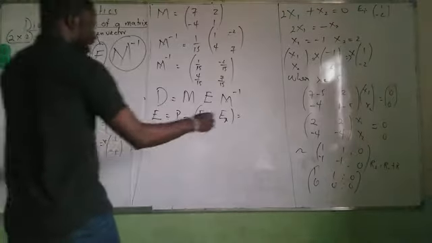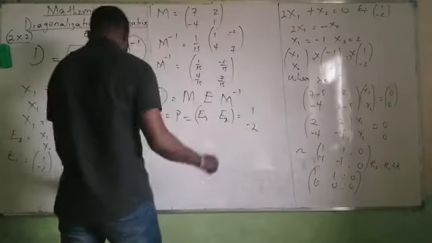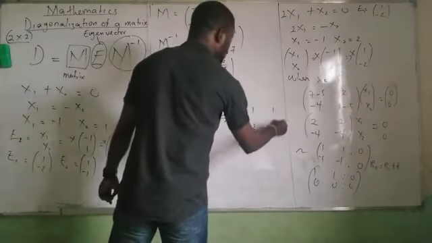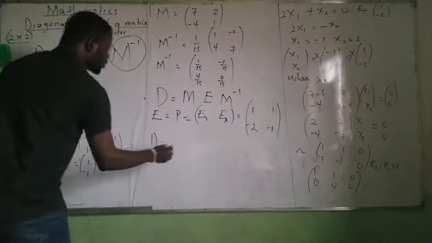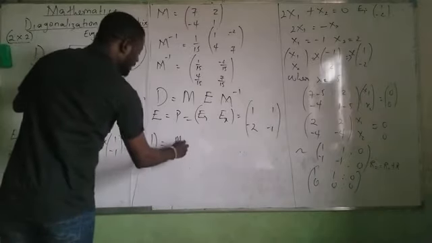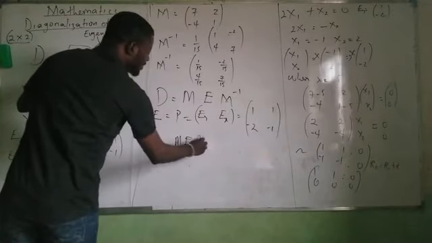My eigen of 1 is 1 minus 2, and my eigen of 2 is 1 minus 1. Now, it means my diagonalization will be equal to M, E, M inverse.